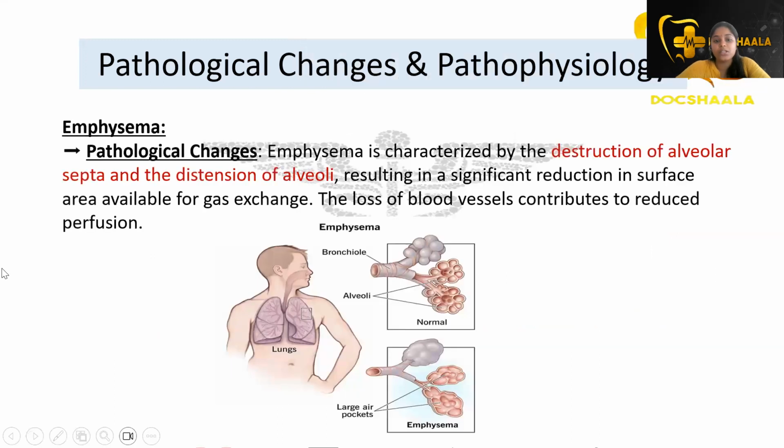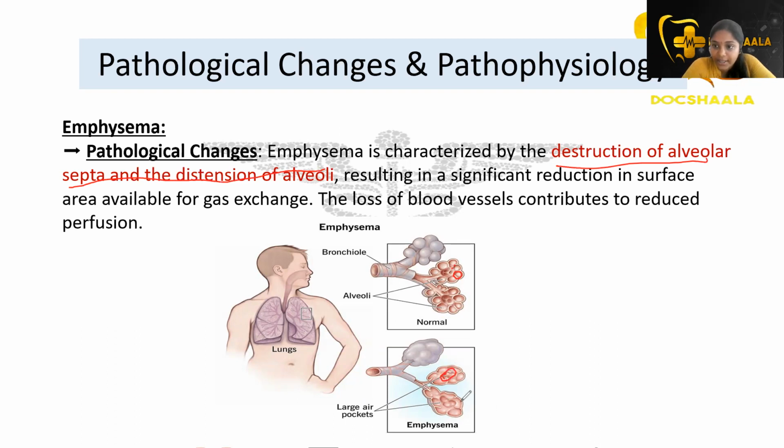Then emphysema. The pathological changes associated with emphysema cause destruction of the alveolar septa and distension of the alveoli. As you can see in the image, the normal alveoli have septa, but in emphysema there are large air pockets.